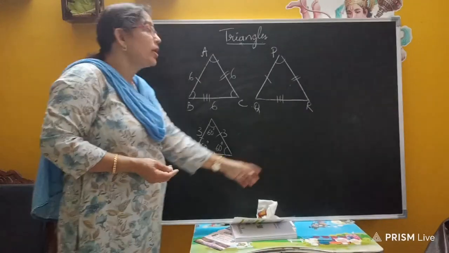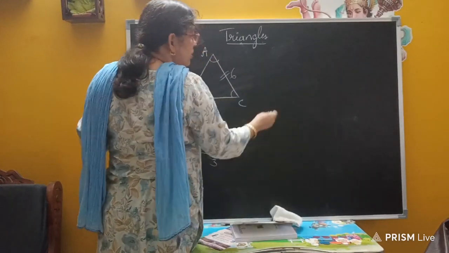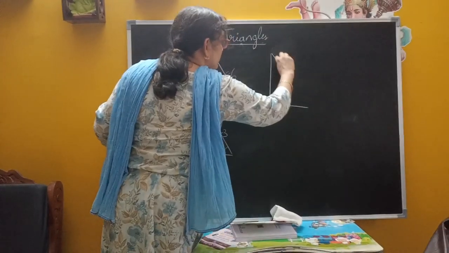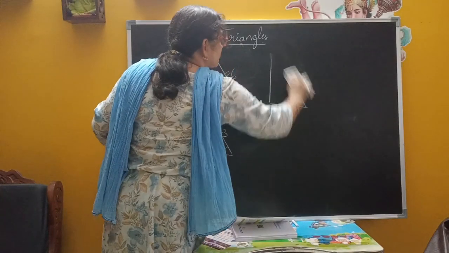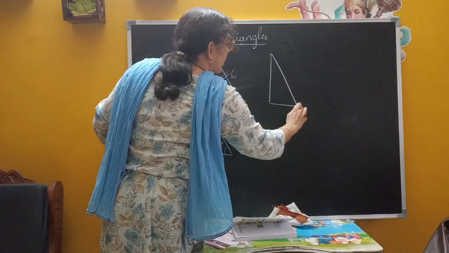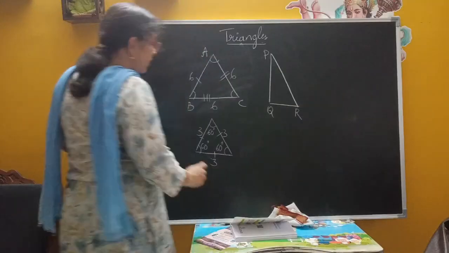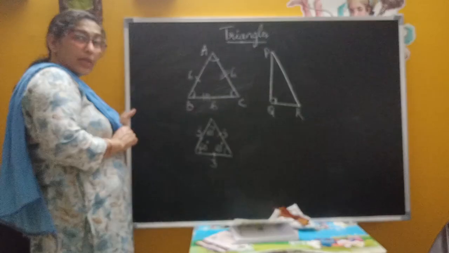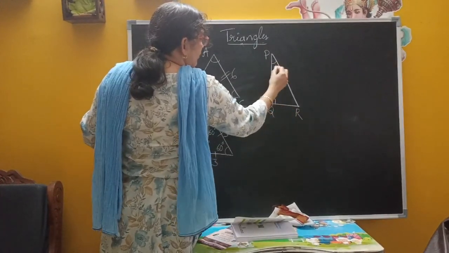Let me explain with one more example, that is of right angle triangle. Suppose we have a right angle triangle, let me take PQR. Here angle Q is right angle, that is 90 degree, and suppose this is 35 degree.